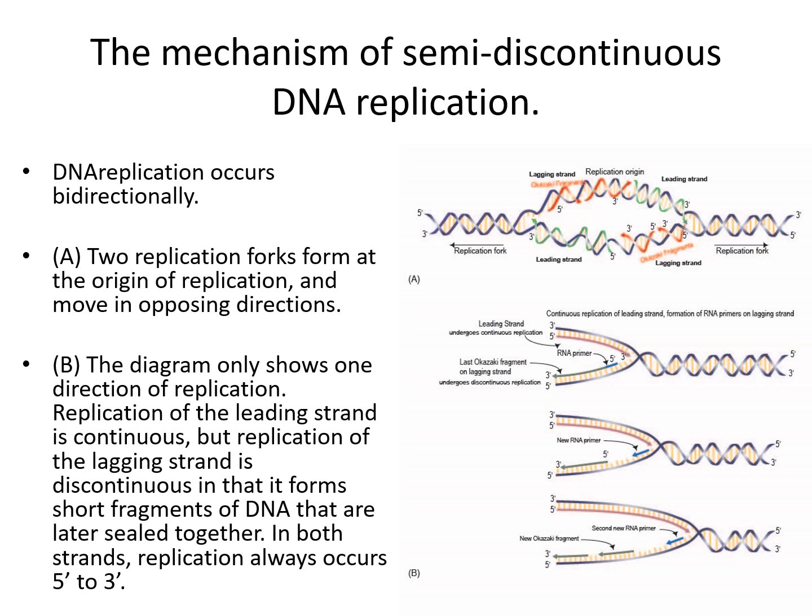And here is just another diagram to show you the semi-discontinuous DNA replication. So when you open that double helix DNA, one replication fork will move to the right, the other replication fork moves to the left, right? And then we have 5' to 3'. That's a leading strand, continuously.